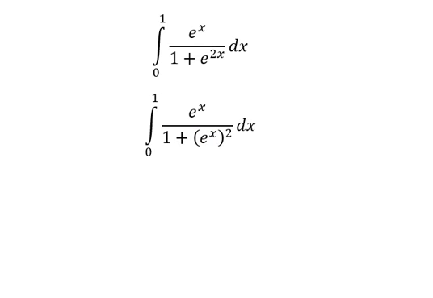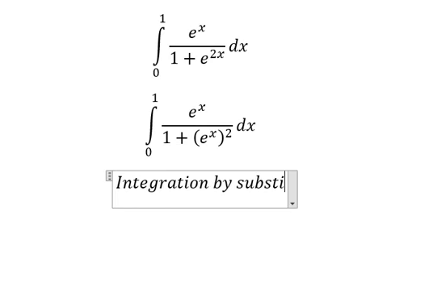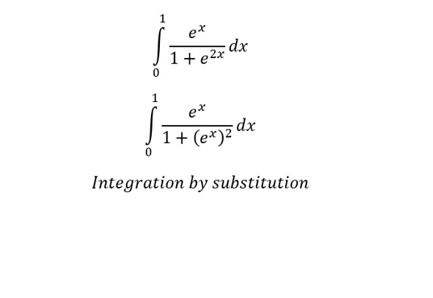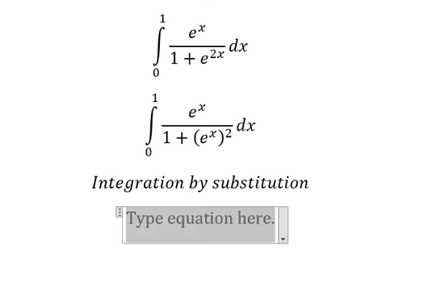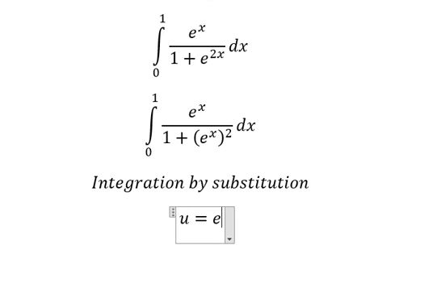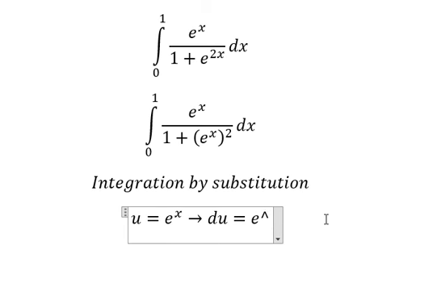Later we can use integration by substitution. So I will put u equals e to the power of s. Later we need to first take the derivative of both sides, and we have du equals e to the power of s ds.